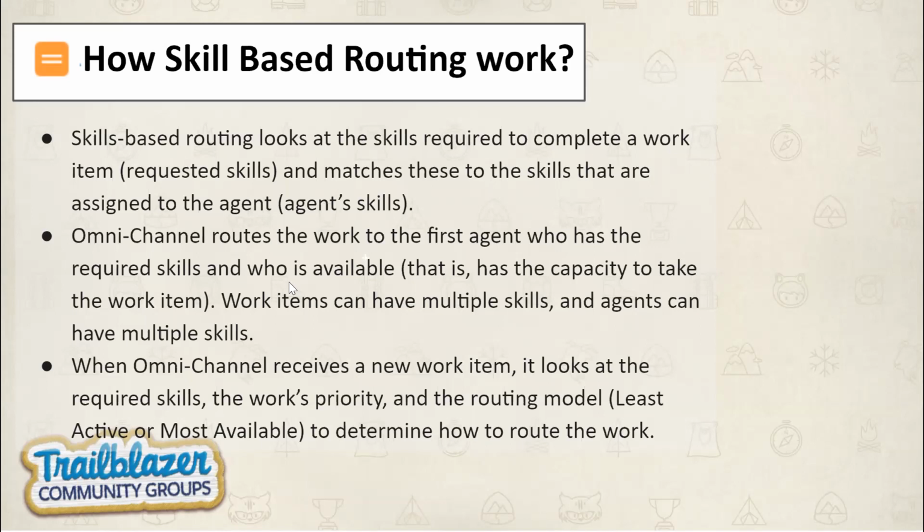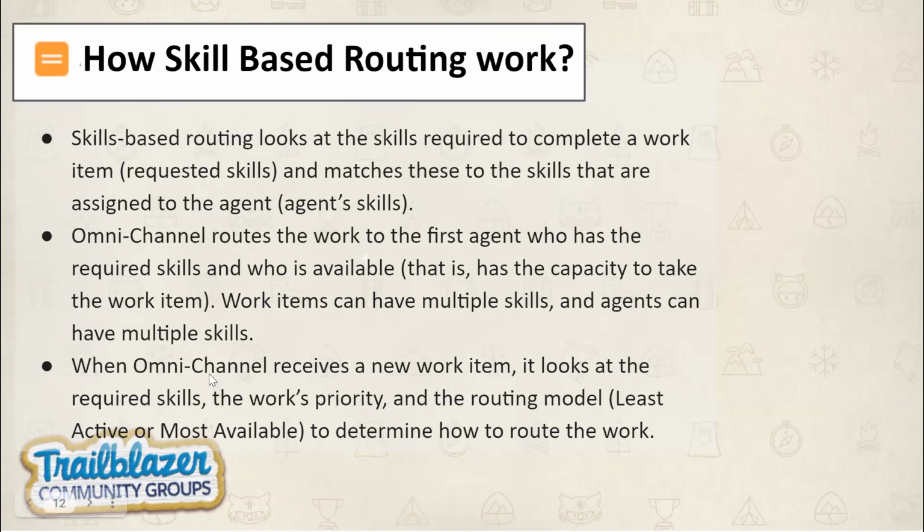If the first agent has the required skills and is also available, then omnichannel checks the capacity, like how many work items that agent can take. If the agent has multiple skills that match the case, is available, and his capacity allows more cases because right now he has fewer cases assigned, then omnichannel assigns the case to the agent.